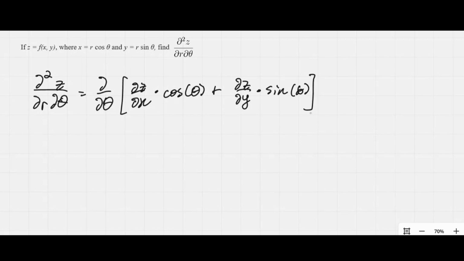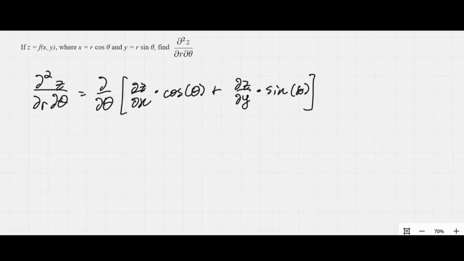And here's where I'm finding this from. Here's my methodology. We already know what del z del r is using the chain rule: del z del r is del z del x times cosine theta plus del z del y times sine theta. That's the idea of the chain rule. And then we're going to find the partial of that with respect to theta.